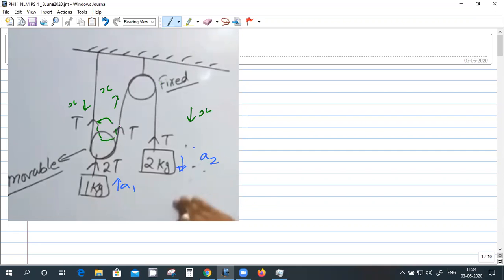So the string length is moving by x, so on this side it will be x by 2 and on this side x by 2, because the string length will get shortened by x. So the two sides will split into x by 2 and x by 2. The pulley will move up by x by 2. This 1 kg will move up by x by 2.